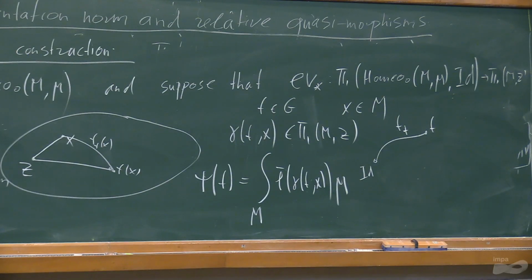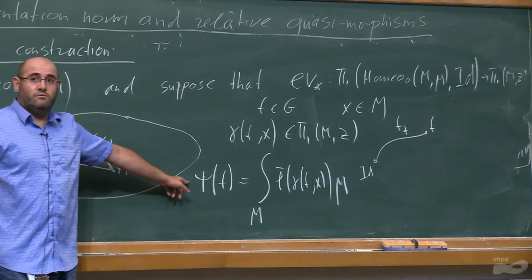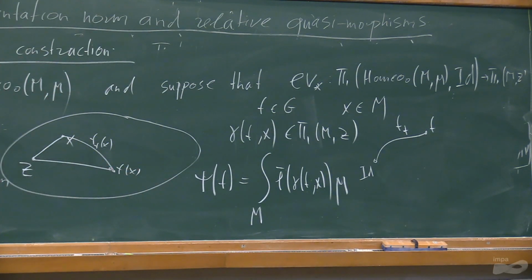So first, psi can be homogenized. So facts. Psi bar of f equals the limit, let's say, as p goes to infinity, of psi of f to the power p divided by p.